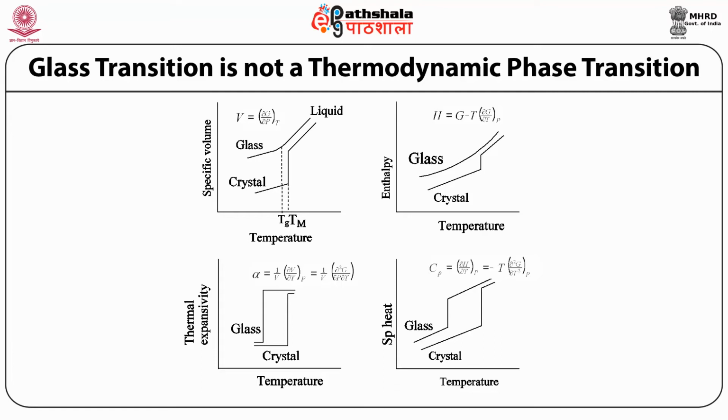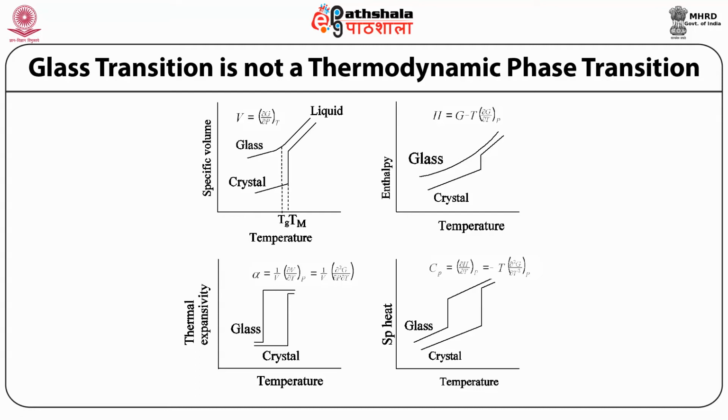In the below left corner, you can see the variation of thermal expansivity with respect to temperature, and there is a sudden change. The coefficient of thermal expansion is given as 1/V times ∂V/∂T at constant pressure, which is also given as 1/V ∂²G/∂P∂T.